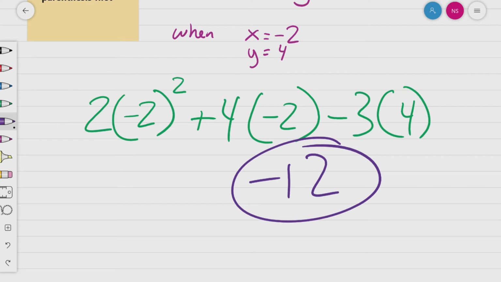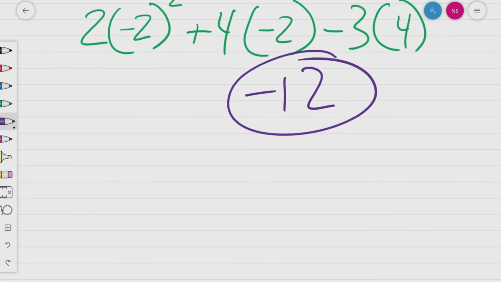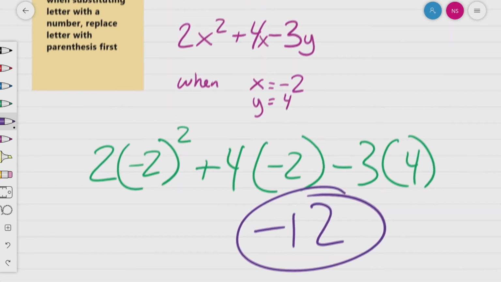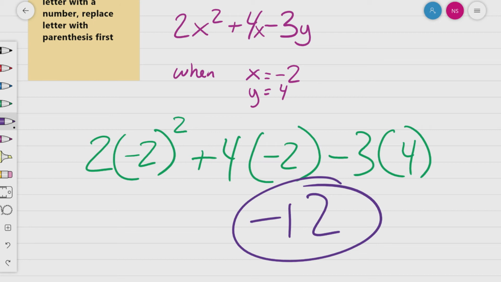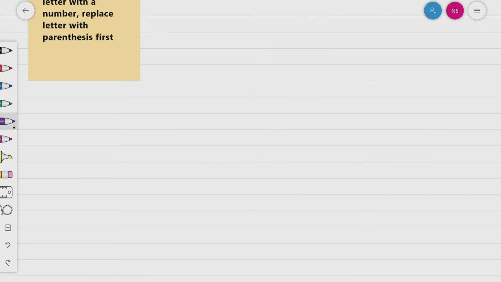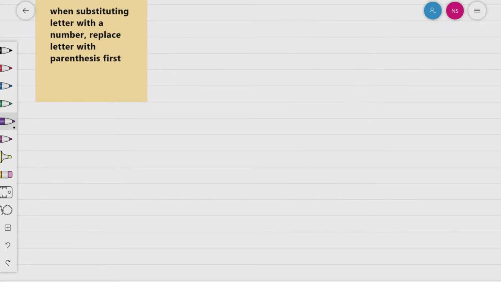Now, let's just do one last example, because of the worksheet that you'll be able to download in the link in the description box, I should say. It's a link that sends you to the worksheet.